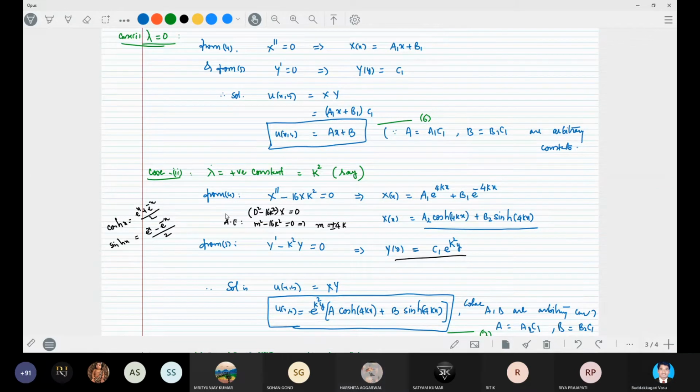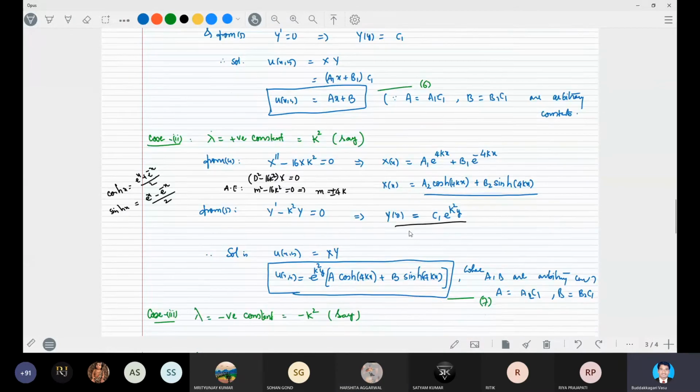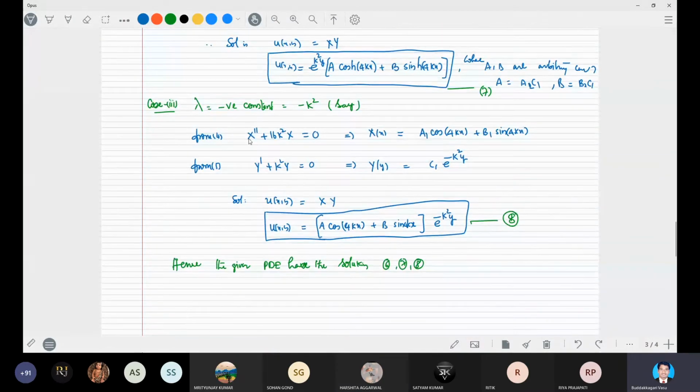So this one here is also in the same way. We can write it in operator form as D square plus 16k square into capital X is equal to 0. This is the operator form of the given equation.